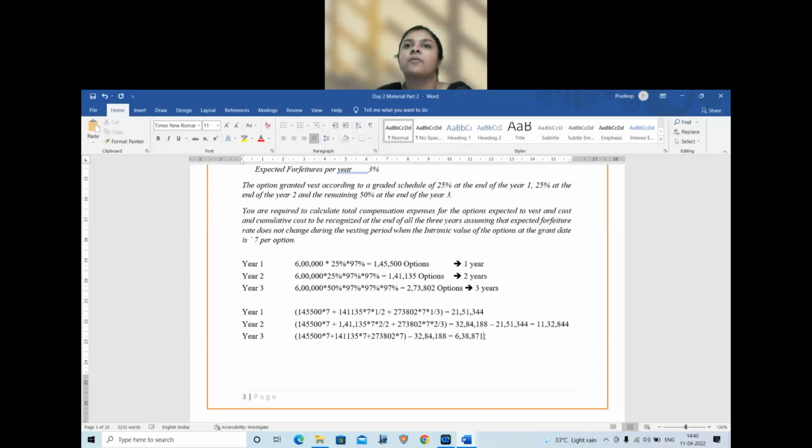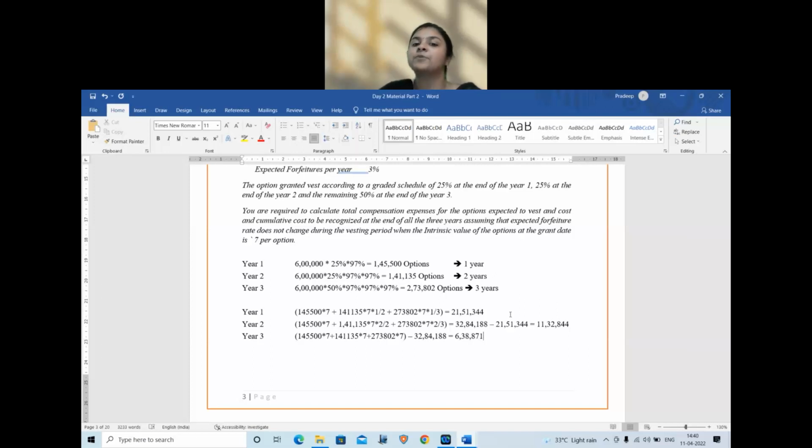Clear with the provisions? So the only rule that you remember here is, for calculating the vested options and value for each year, go by the cumulative method. Never go by the year on year method. Go always by the cumulative method for calculation of expenses. Year on year, here you can do, your answer will be correct.